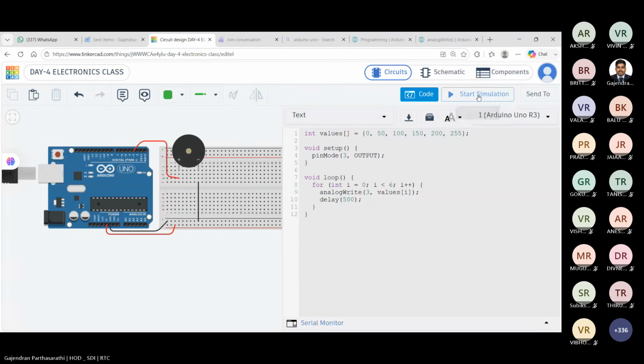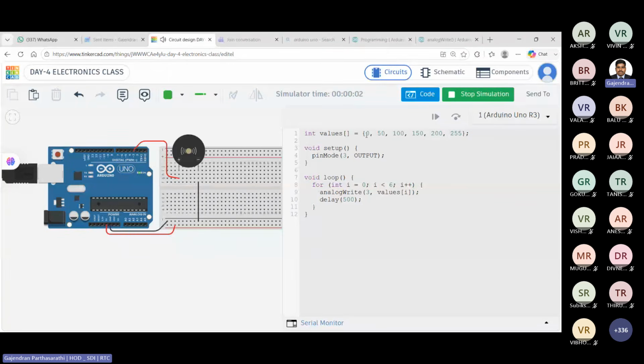Please check. What she did was assign 1, 2, 3, 4, 5, 6 values and call the for loop. Now I am getting variable sounds.